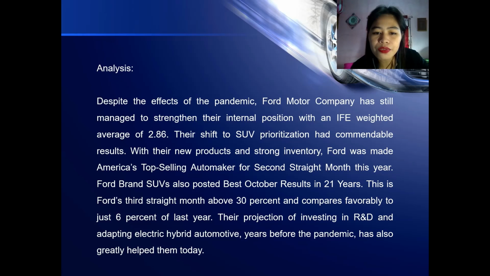Ford brand SUVs also posted their best October results in 21 years. This is Ford's third straight month above 30% and compares favorably to just 6% last year. Their projection of investing in R&D and adopting electric hybrid automotive years before the pandemic has also greatly helped them today.